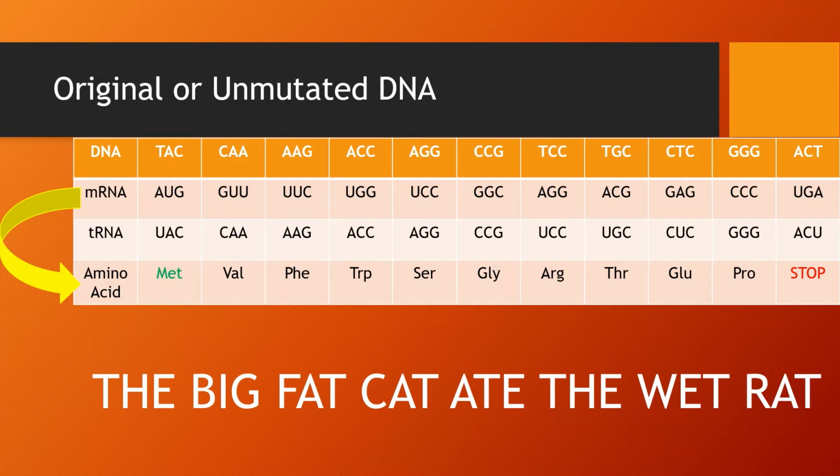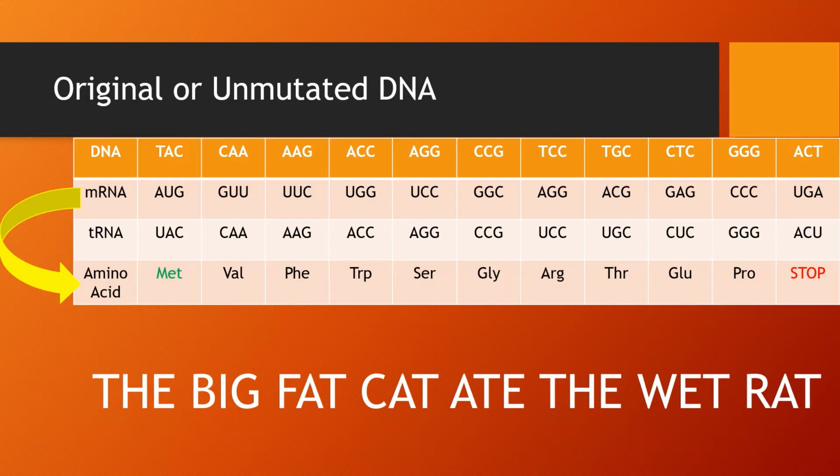Then I also have that same process showing from AUG to UAC. And then lastly I have the amino acid, or unit of protein, that would be coded for. I have this yellow arrow on the side of this table to show that you will always use the mRNA to determine what the amino acid will be. When you use a codon chart and you look at AUG, it doesn't matter whether it's the circular one or the square one, you will see that it is methionine, abbreviated MET.